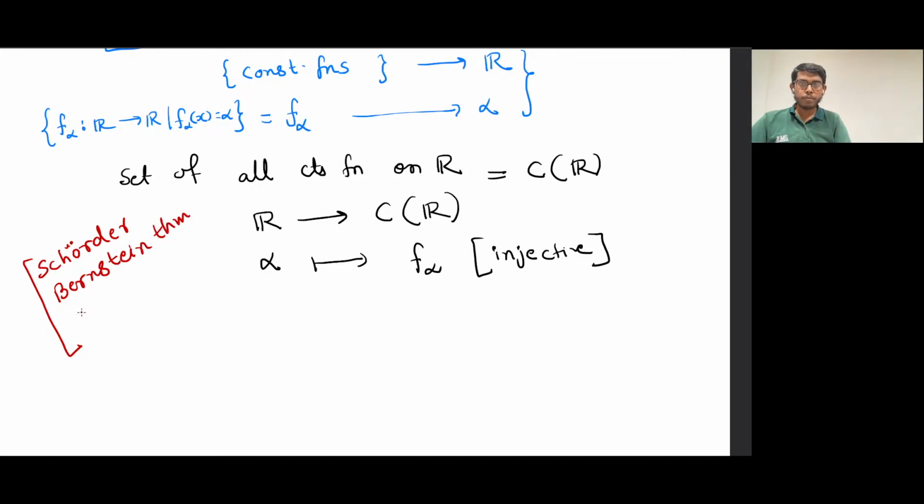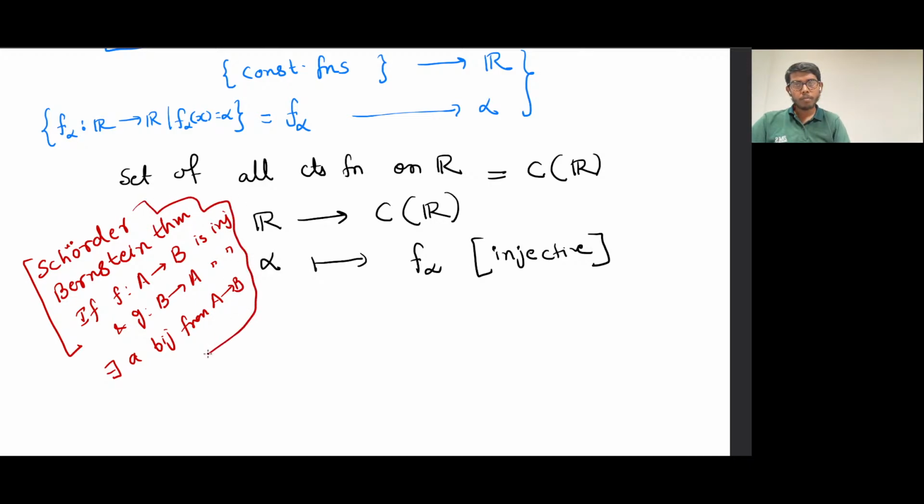It says that if f from A to B is injective and g from B to A is also injective, then there exists a bijection from A to B. So if you have an injective function from A to B, and an injective function from B to A, then there exists a bijective function from A to B. So here we have found an injective function from R to the set of all continuous functions.